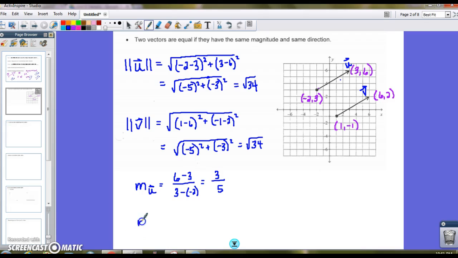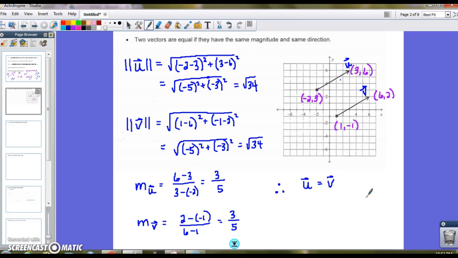Now I'm going to do the same thing for the slope of vector V. That's 2 minus -1 over 6 minus 1, which will also give me 3 over 5. So they have the same slope and the same magnitude, and by that I can say those vectors are equal. Therefore, that's what those three dots mean: those vectors are equal. You have to be able to show both.